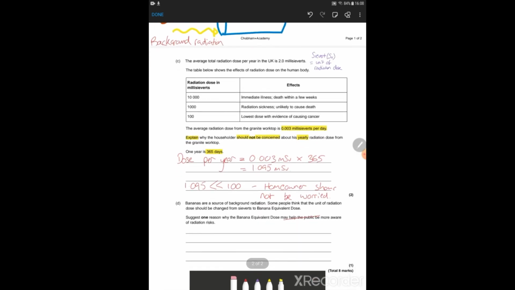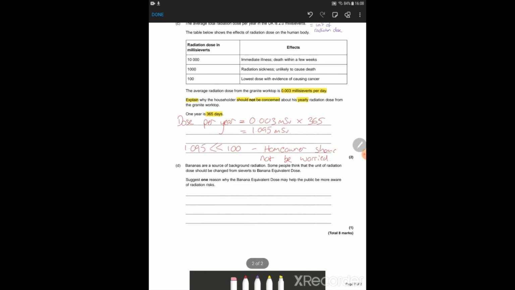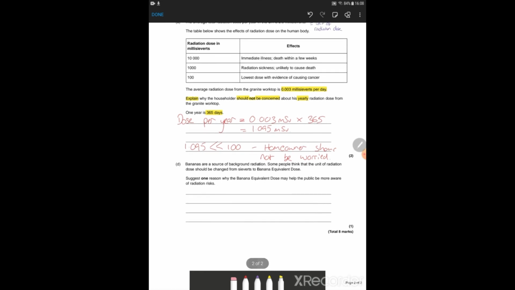So now, let me just get rid of that. Let's move on to part D. So part D, bananas are a source of background radiation. Some people think that the unit of radiation dose should be changed from sieverts to banana equivalent dose. Suggest one reason why the banana equivalent dose may help the public be more aware of radiation risks.